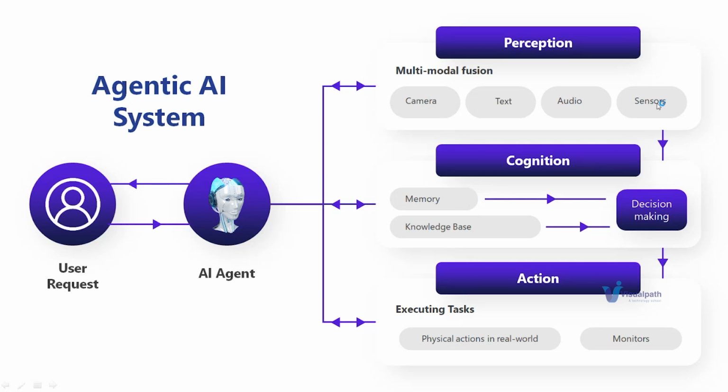As I initially said, all these models are now capable of handling multimodalities like image, text, audio, and IoT data. This is how it takes the information, processes the decision making, and stores it. It also decides which information to store in short-term memory and which in long-term memory, then the execution of those tasks, monitoring, and applying the feedback.